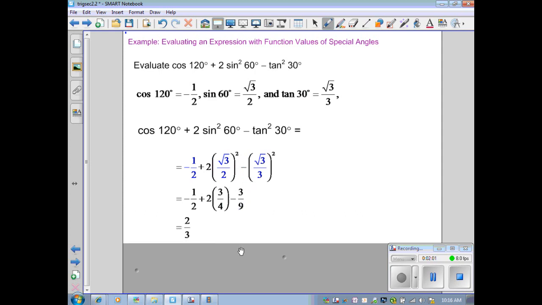Again, when we simplify, that's going to give us negative 1/2 plus 2 times 3 is 6 over 4. But when I simplify that, that's going to be 3/2 minus 3/9. Solve our fractions, and we get 2/3.